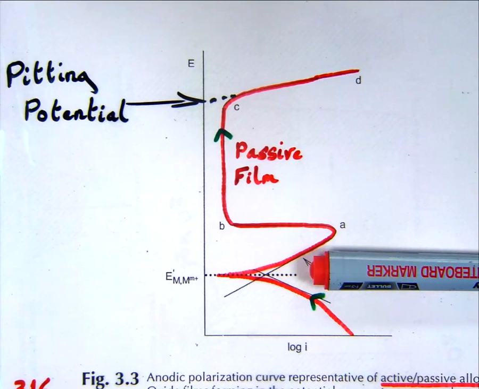The other thing you can do is predict when you're going to get stress corrosion cracking. So by taking polarization curves at fast and slow sweep rates, you can predict the risk of cracking.